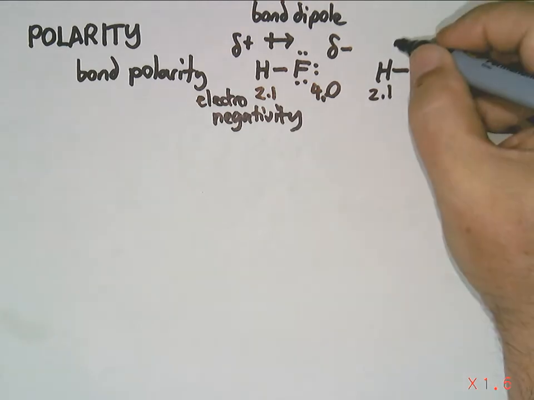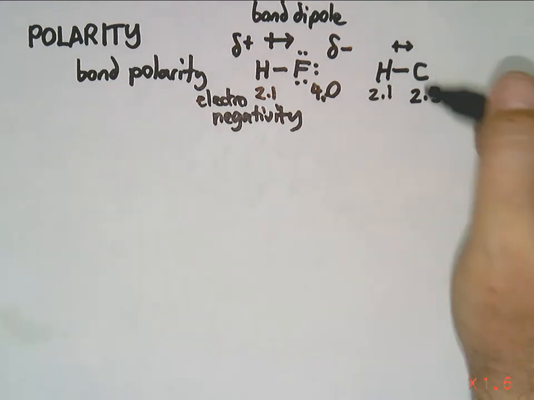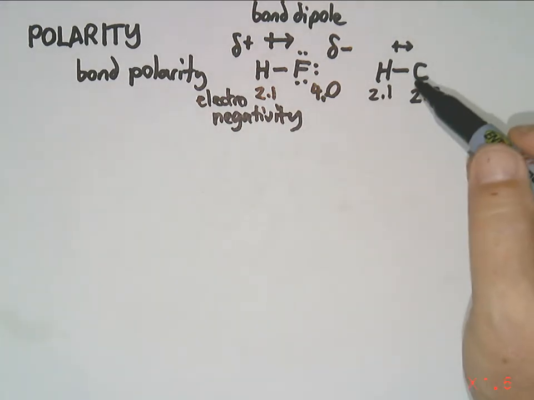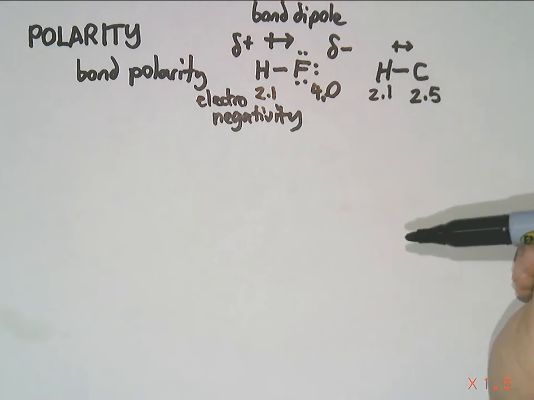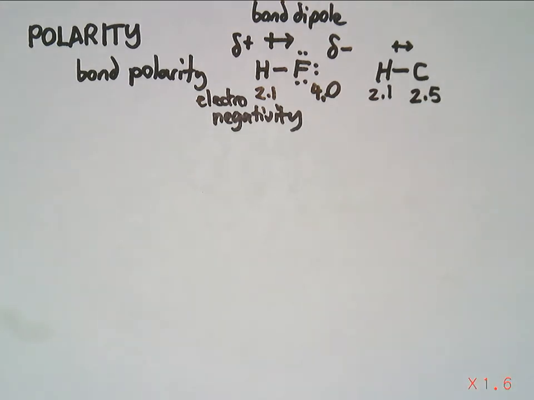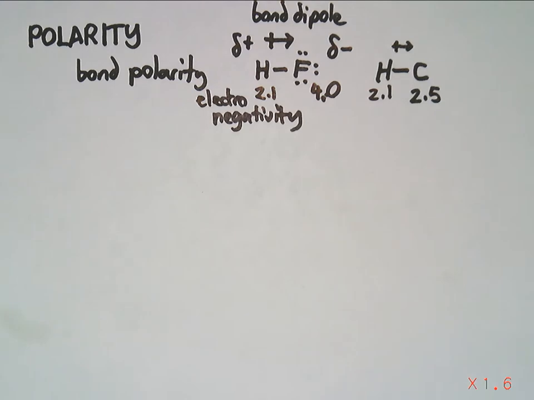But it's a very small bond dipole. So you don't have very much of a bond dipole here, and a lot of substances that have got only carbon-hydrogen bonds in don't have much polarity at all. So this would be high polarity, and this would be low polarity. So it is not really a black and white thing. There are a lot of shades of gray in polarities for bonds.